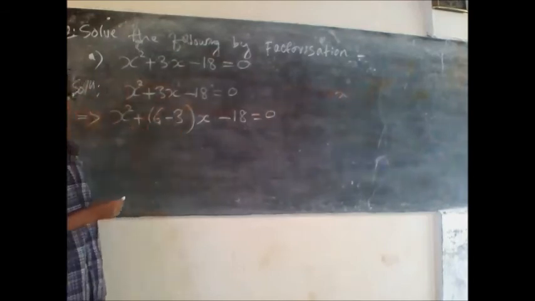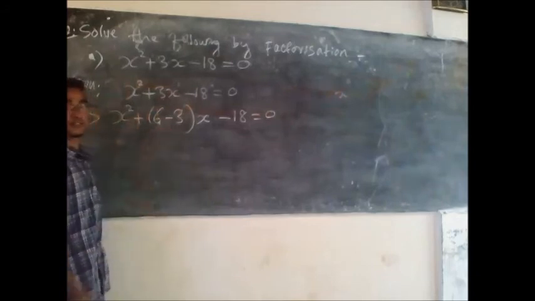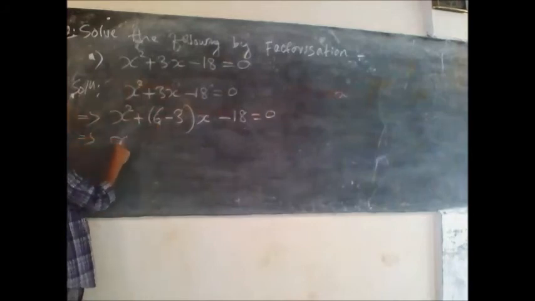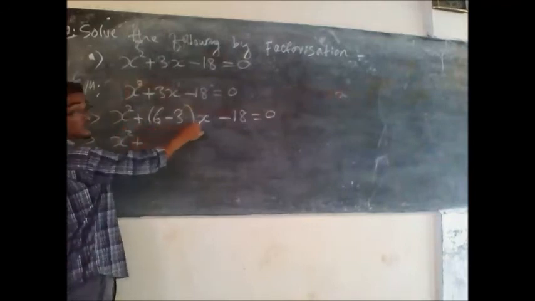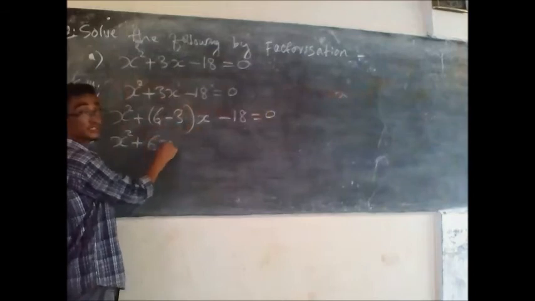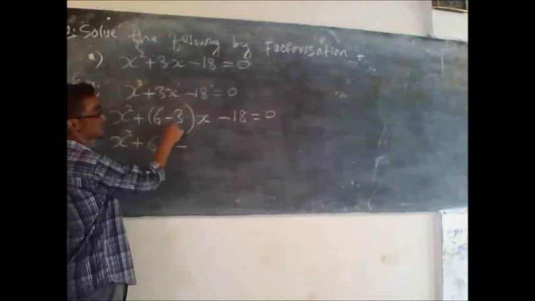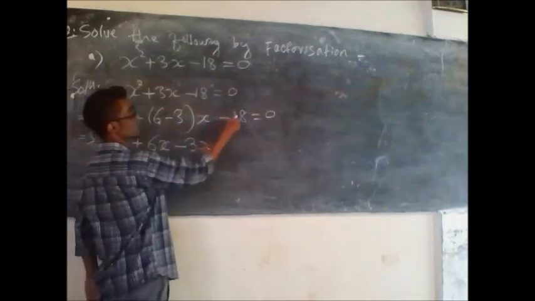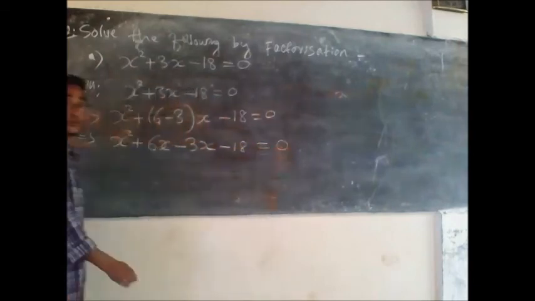So we split 3x into 6x minus 3x. The next step: x square plus 6x, again minus 3x, minus 18 equal to 0.